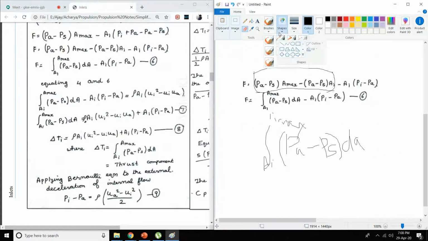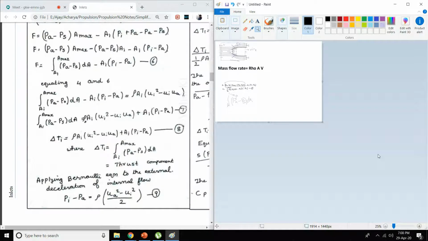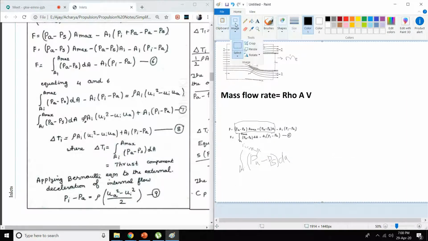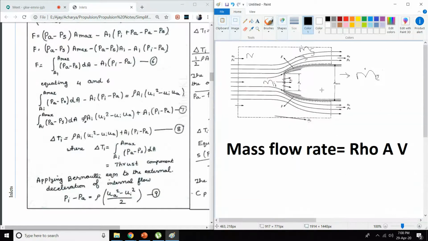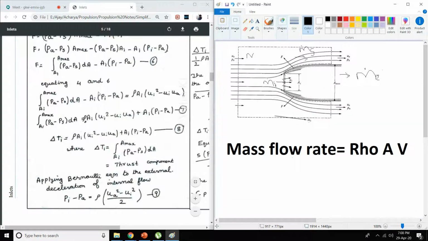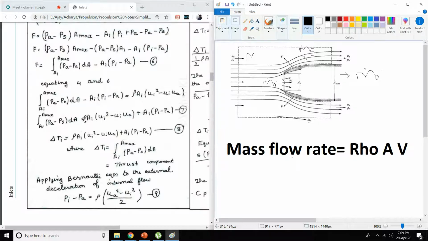I hope you guys understood so far. So once you have got this, you set aside this value. So if you see this term, PA and AI is associated here. Okay. And PS and Amax is associated with this term.